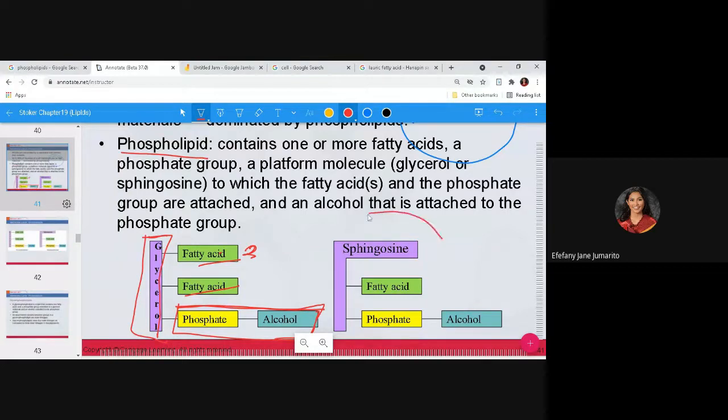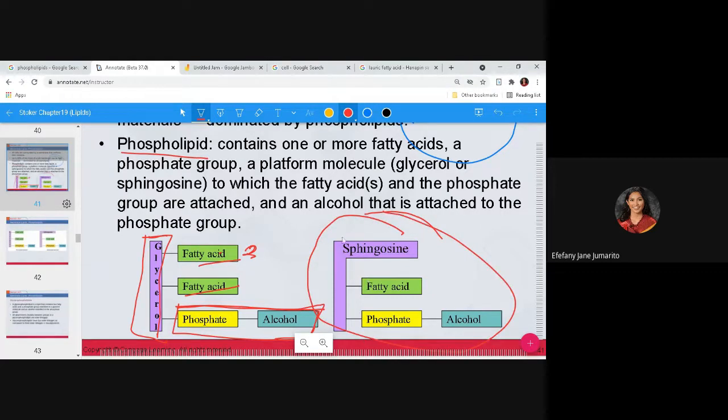This one is also another phospholipid, but what is the backbone? The backbone, class, is the framework, the parent bone where things attach. So what is the backbone of this one, class?